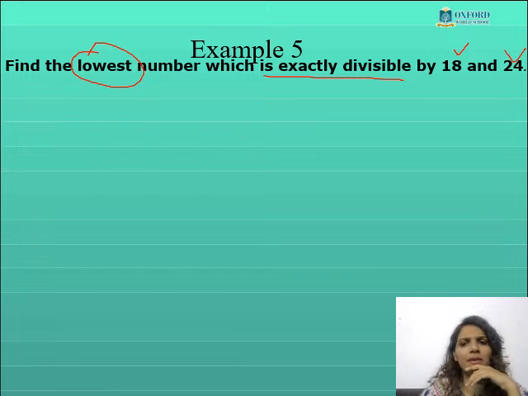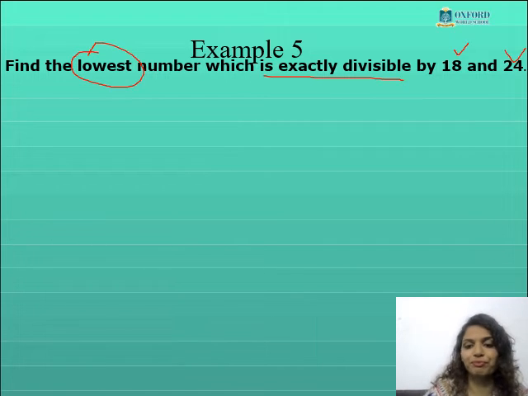It has to be common then, right? For 18 and 24. So, in short, the question is asking us for a common multiple of 18 and 24, and that has to be the lowest one, means LCM they are asking for.